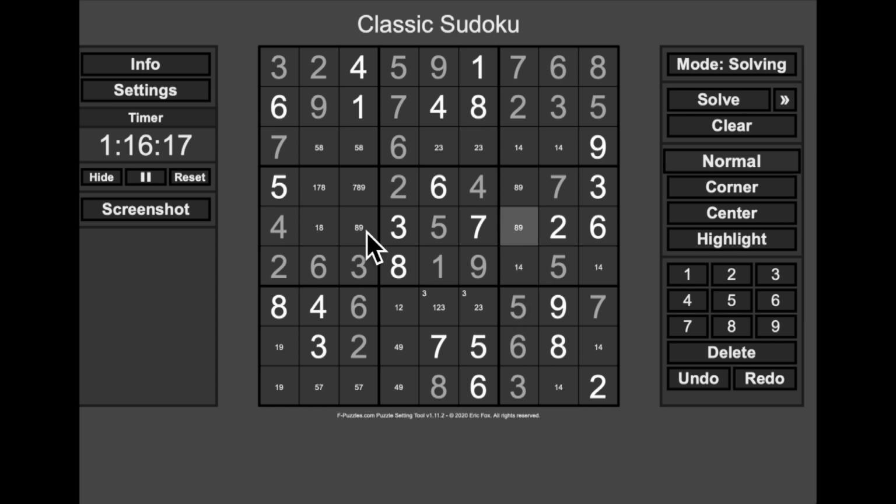If this is 8, 9, and this is 8, 9, then this has to be 1. Which means that's not 1. That's 7. Forces this to be 8. Whoops.